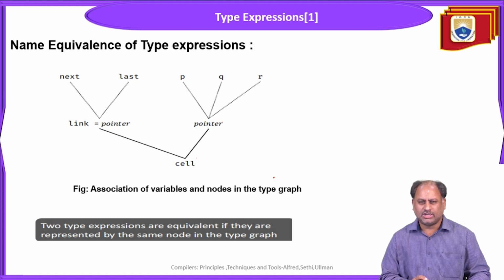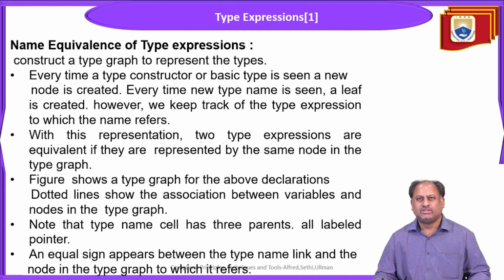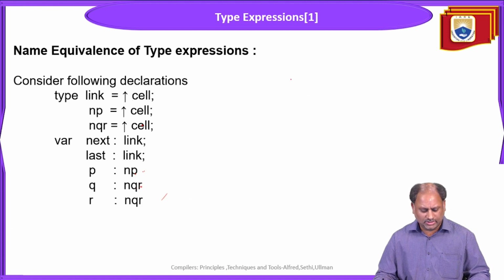Then we can say in the type graph that the type expressions are equivalent, else they are not equivalent. So like that we are going to verify the equivalence of the name, equivalence of the type expressions.